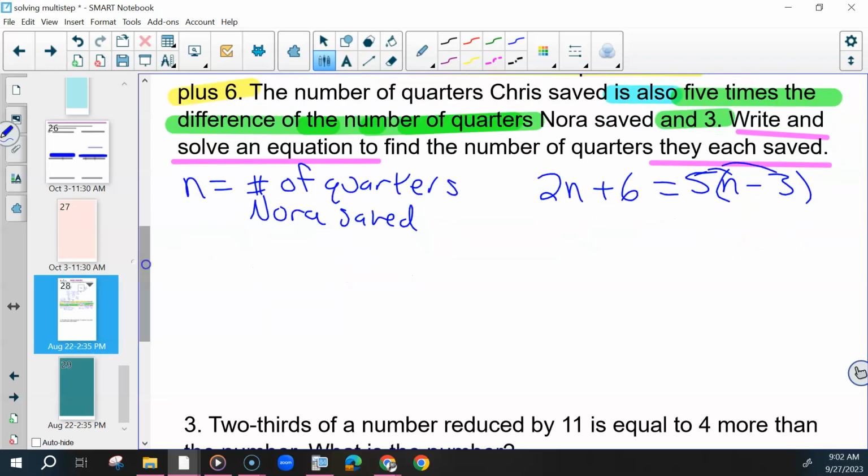So we can distribute on the right. Then we have choices. What do we want to move first? We're moving 2n, we're subtracting to the other side, and then we have to move our constants back to the left by adding.